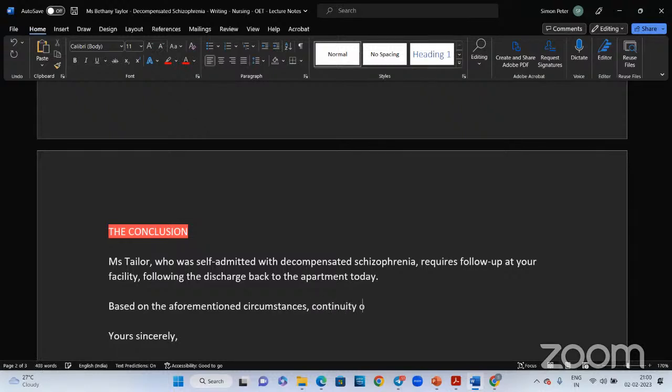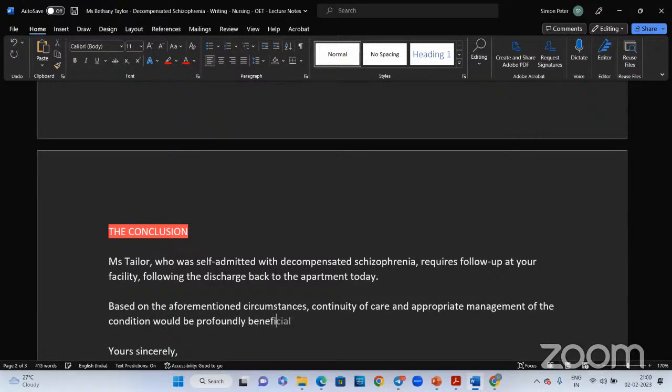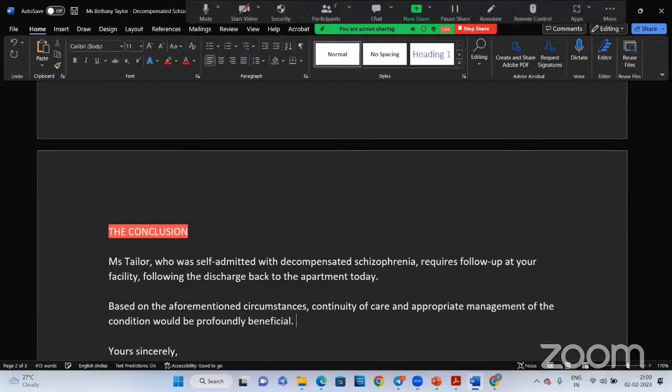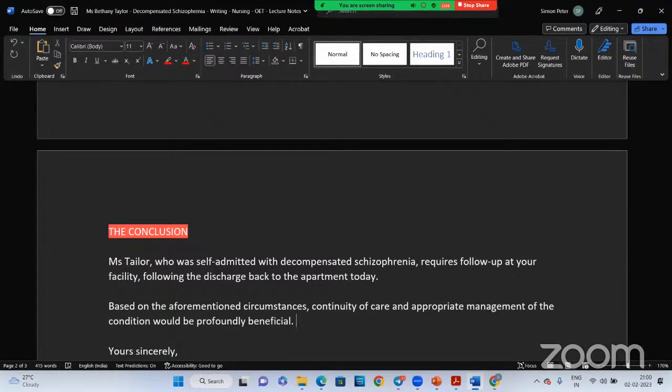Continuity of care and appropriate management of the condition would be profoundly beneficial. Full stop. Based on the aforementioned circumstances, continuity of care and appropriate management of the condition would be profoundly beneficial.